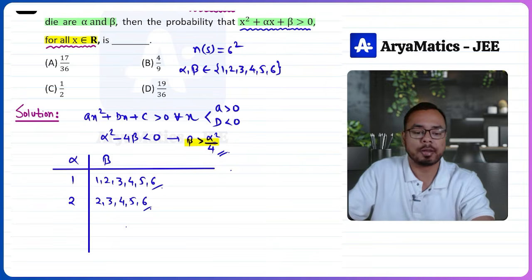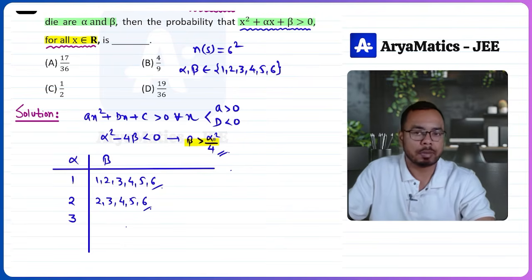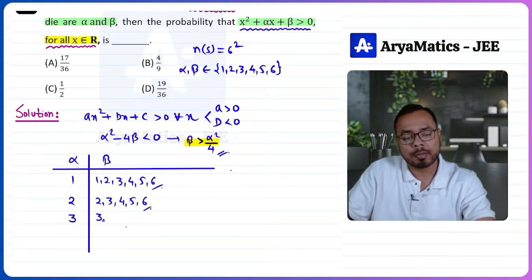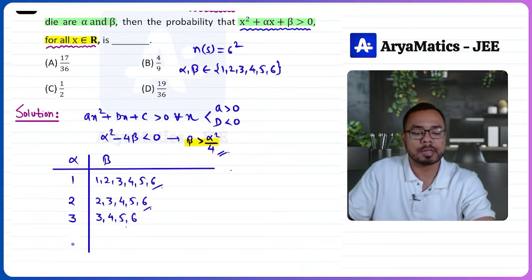Beta should be greater than alpha square by 4. If alpha is 2, alpha square by 4 will be 1. Next possibility is if alpha is 3, right? If I take alpha as 3, then beta should be greater than 9 by 4. 9 by 4 will be 2 point something. We need bigger than 2 point something. So you can take any one of these four values, either 3 or 4 or 5 or 6.